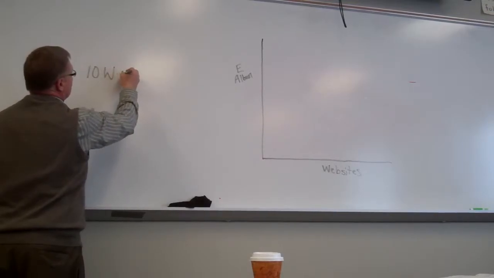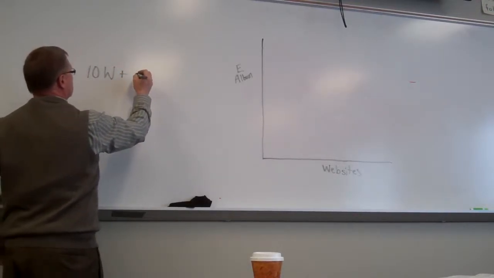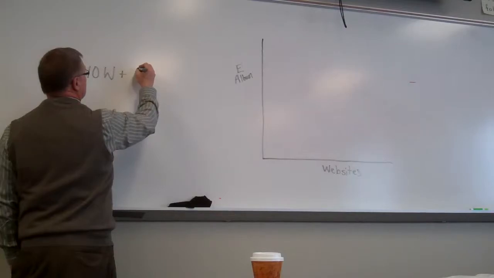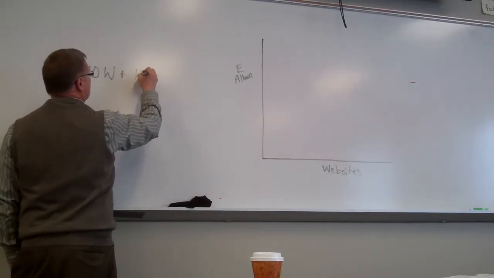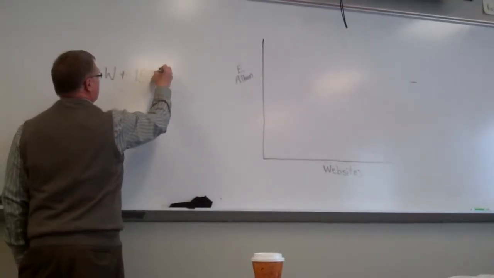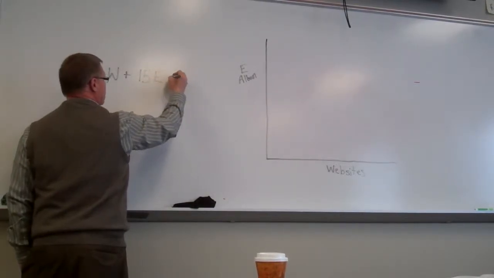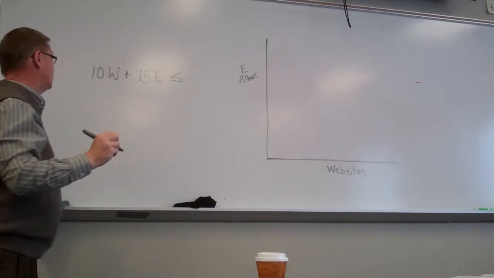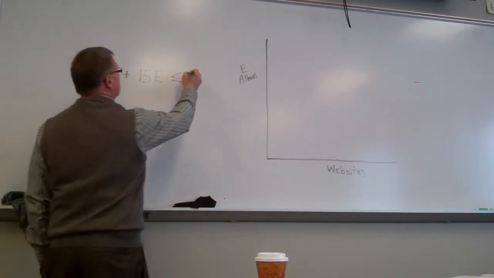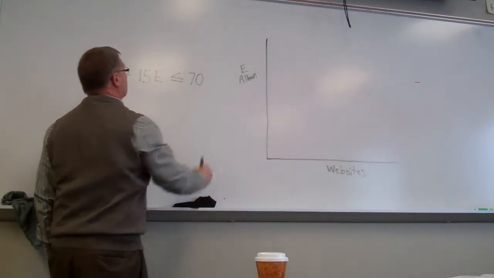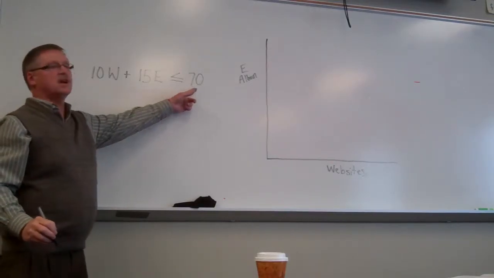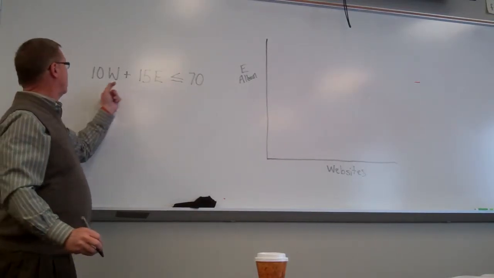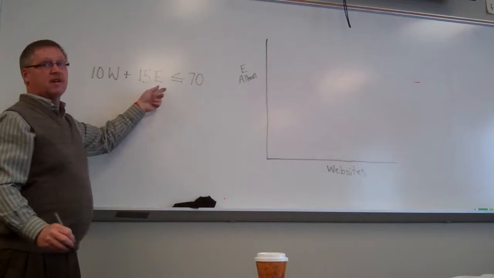And how many planning hours for an e-album? 15. And then what's our limit for total planning time? 70 hours. So to stay under our 70-hour limit of planning, we have to graph this.